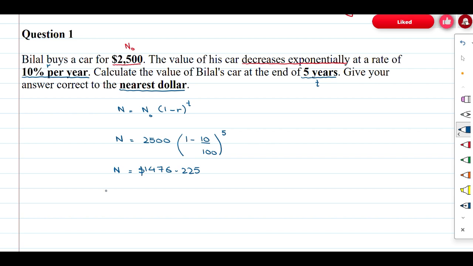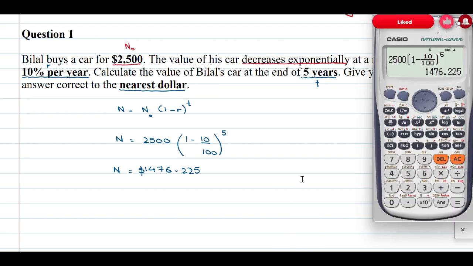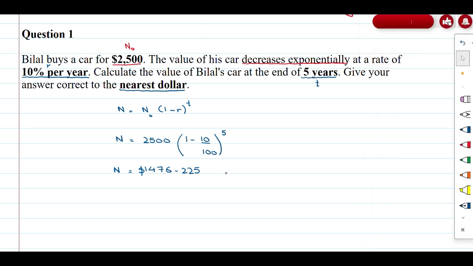This is the value of his car at the end of 5 years, but we need to round our answer to the nearest dollar. So the value of his car is $1,476, because the 6 cannot be rounded up as the next digit is 2. This is up to the nearest dollar.